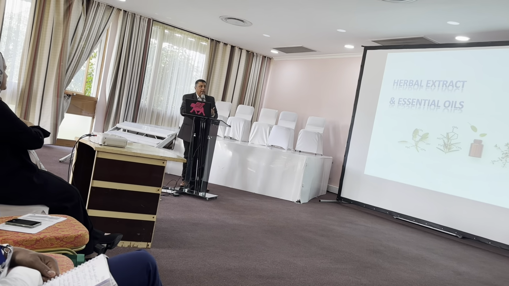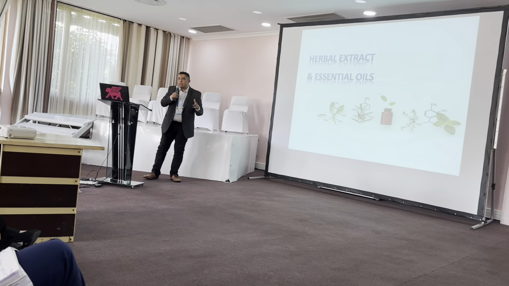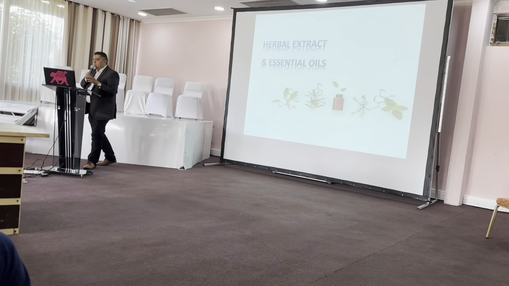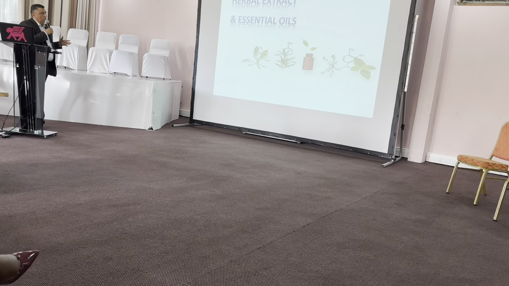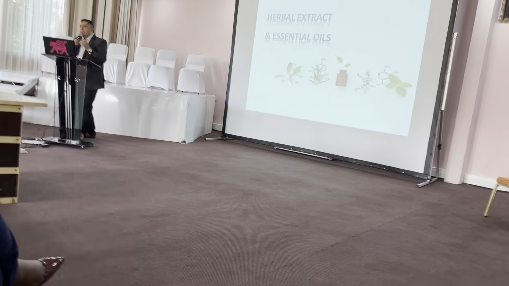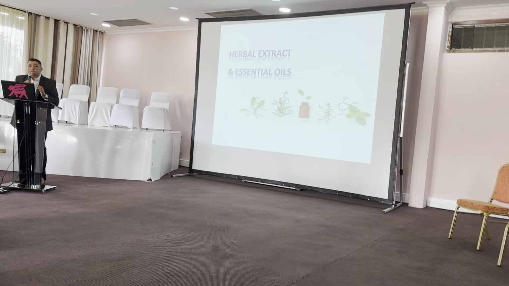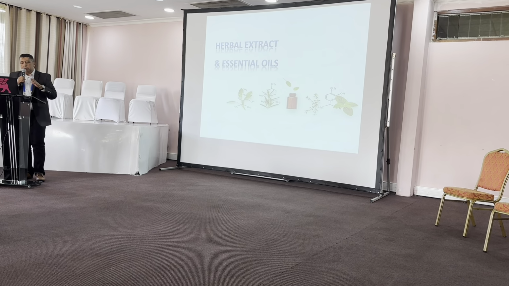Also, herbal extract has a good role. We found many herbal extracts like oregano, curcumin, ginger. A lot of commercial products are found now with herbal extract and essential oil that protect the fish naturally from disease without residuals.